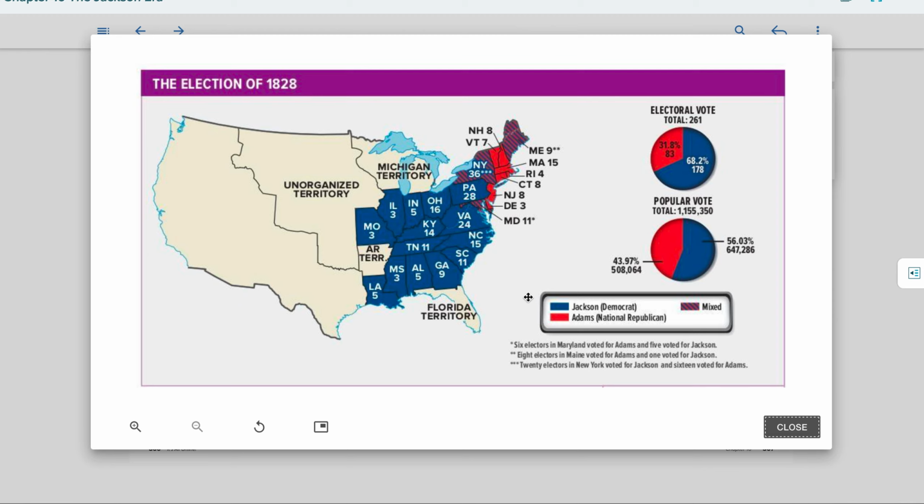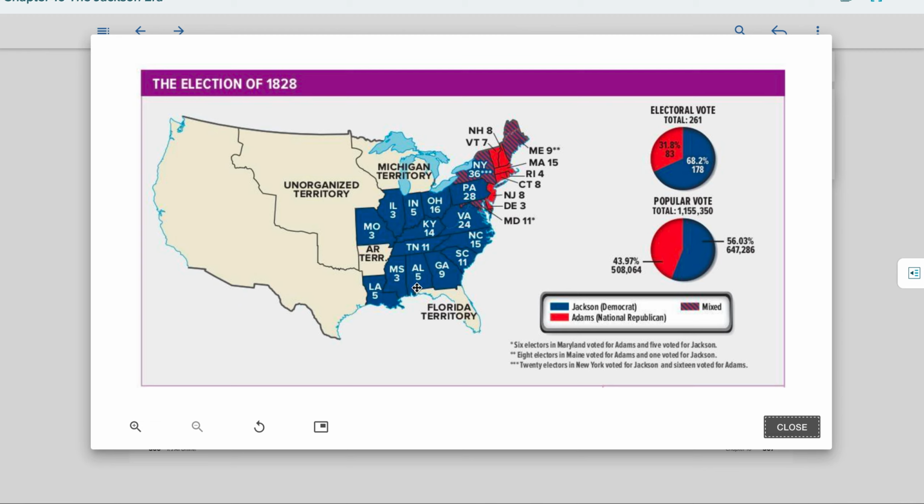So again, using the key, we see Jackson is blue, and now he's part of the Democratic Party. Adams, National Republican, he is red. So blue, that means Jackson. He had 68.2% of the electoral vote. For the popular vote, he had 56.03%.